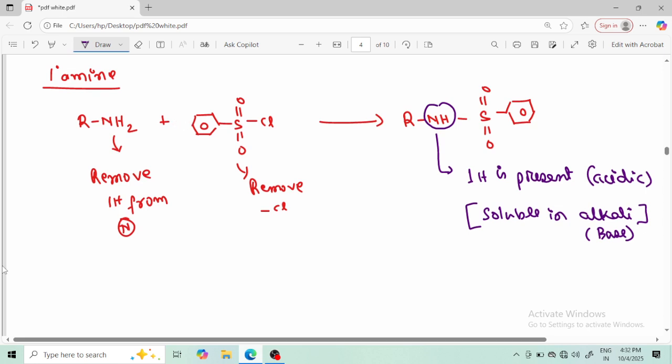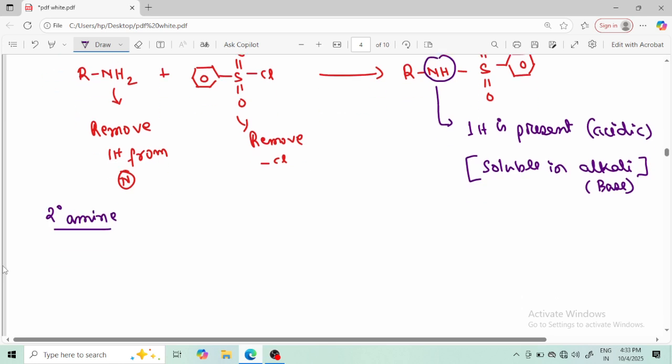If it's 2 degree amine, then what will be the case? Obviously along with nitrogen you have how many hydrogen? One hydrogen, right? And then this benzene sulfonyl chloride is there. You can draw it like this also. Then again from nitrogen you are removing one hydrogen, and then this sulfonyl chloride part will make bond, okay.